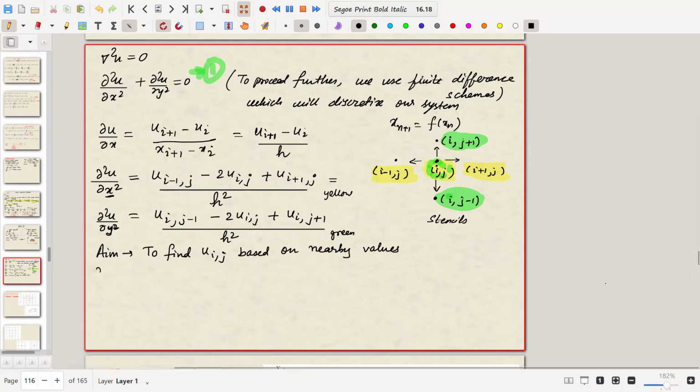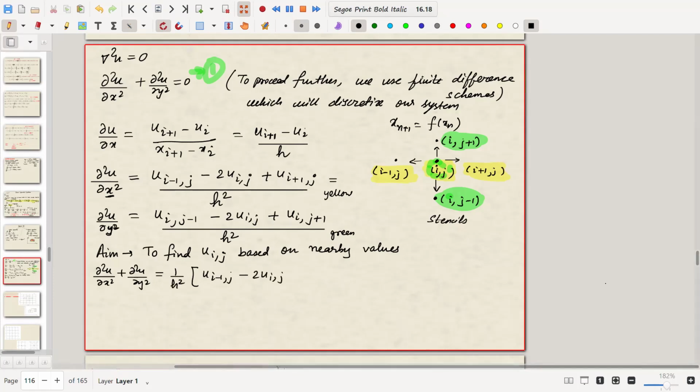Now you put the ∂²u/∂x² plus ∂²u/∂y², what do you get? Equal to what? You will get 1 by h square times u_i minus 1,j from here, this equation, minus 2u_i,j. This one you will get, no?